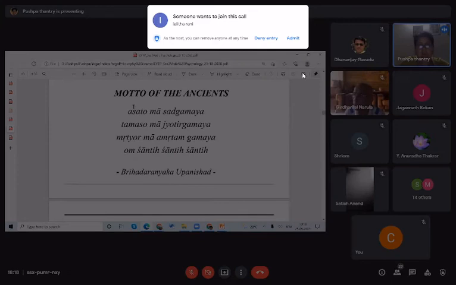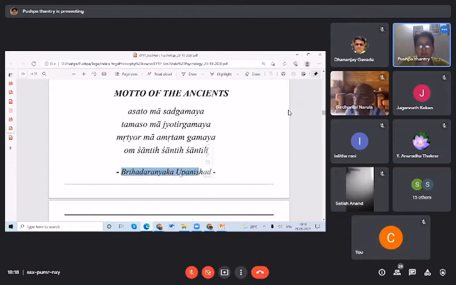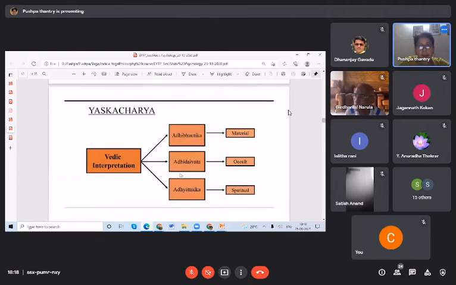This may be just for knowledge's sake, what is the origin of the asato ma sadgamaya, and all that. You may need to know it is coming from the Brihadaranyaka Upanishad. I will come back to this one, but for now understand that the base for all the philosophy, the Shad Darshanas, is coming from the dukkha.